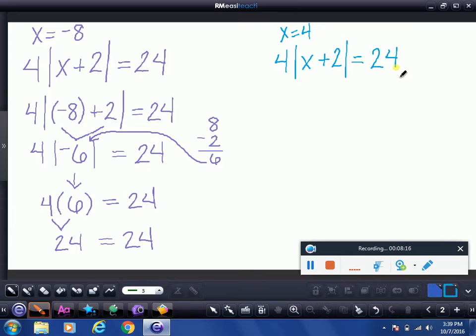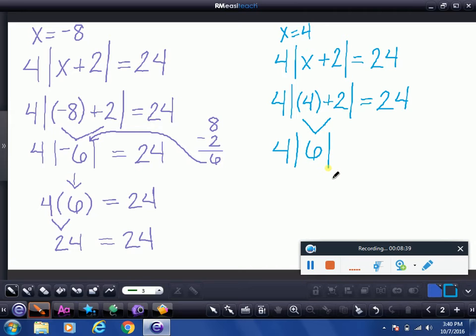We're going to substitute the 4 into where the x was. So again, solve what's inside the absolute value. That's going to give you 4 times the absolute value of positive 6.